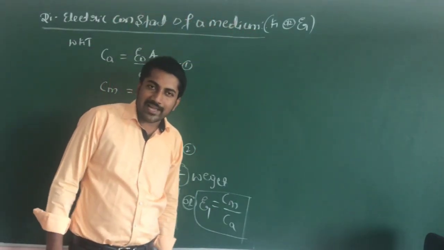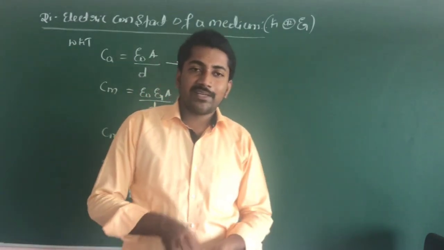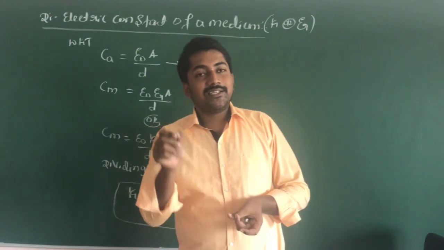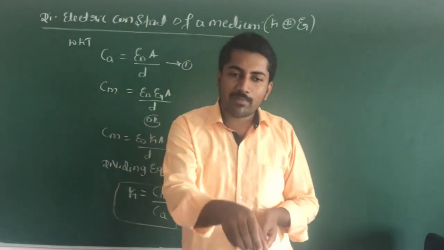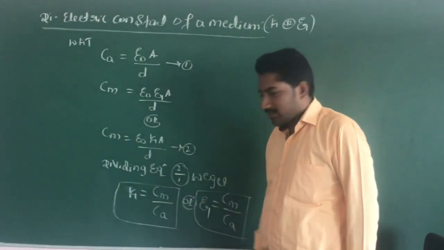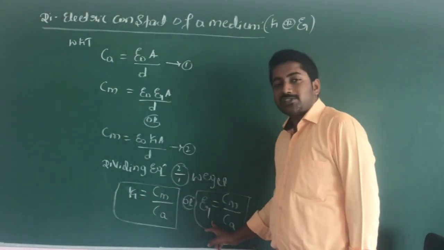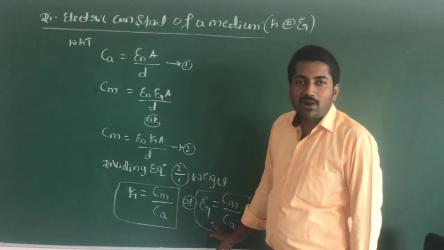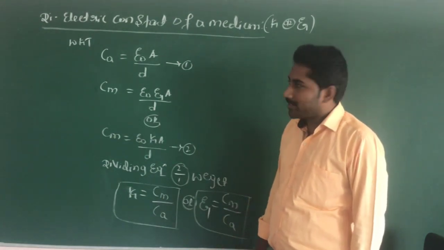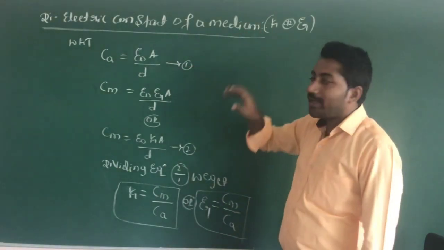How do we define the dielectric constant of a medium? It is the ratio of the capacitance of a capacitor in a medium to the capacitance of a capacitor in air, which is the expression for the dielectric constant. Here K or epsilon r is called the dielectric constant. This is about the dielectric constant of a medium.